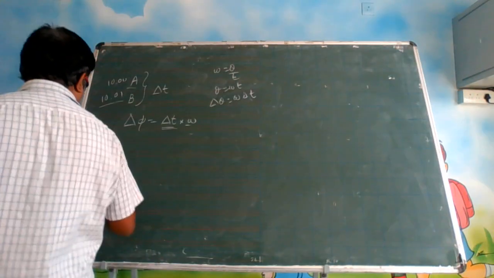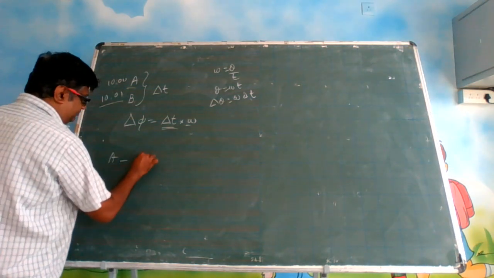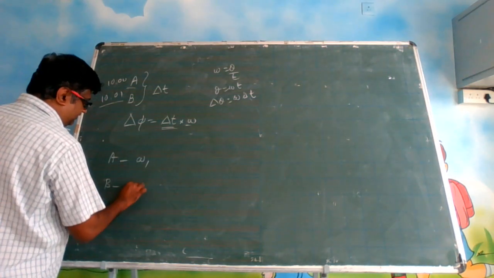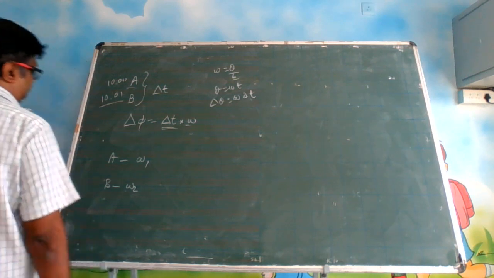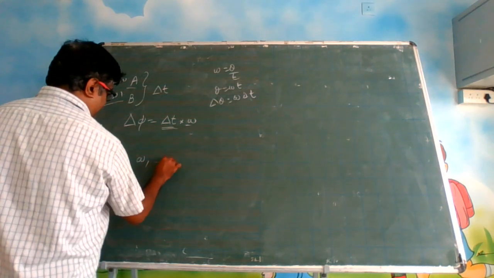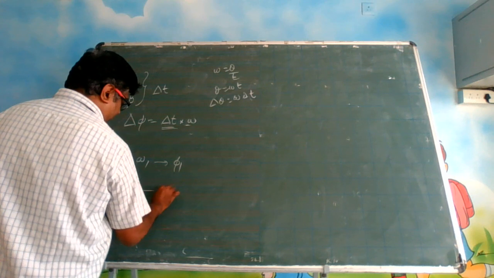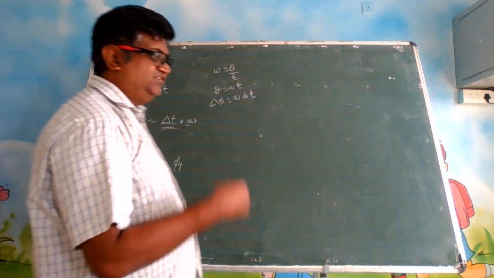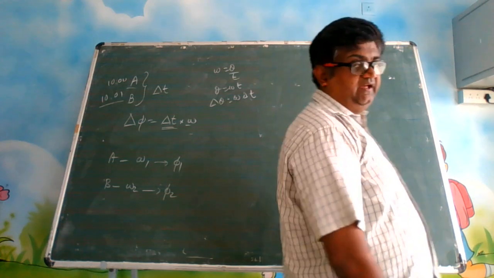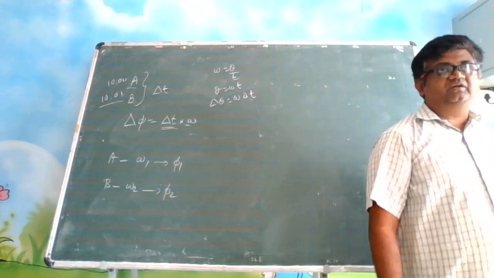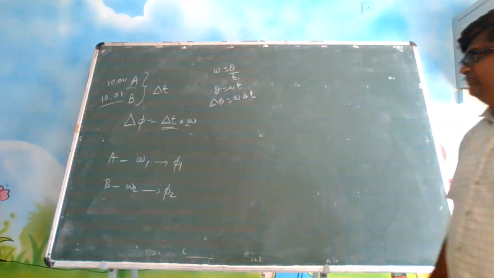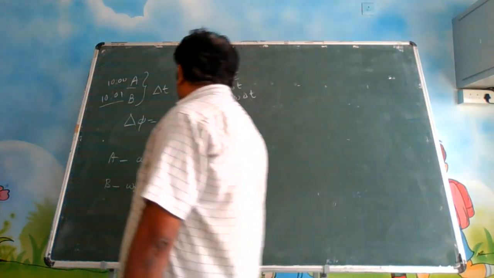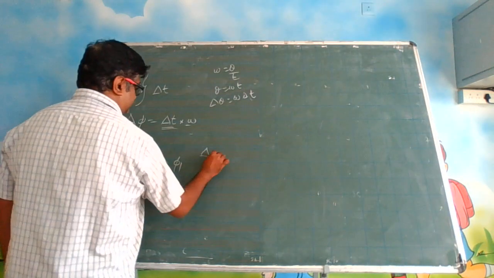Now let us say A is with omega 1, another case. B is with omega 2. Initially this was at phi 1 and this was at phi 2. So can we find out the phase difference between A and B? A is one motion, B is another motion. We can find out the phase difference.